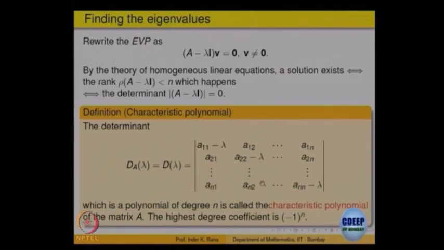It is a property of the matrix. Determinant of A minus lambda I is a polynomial of degree n, and what will be the coefficient of the highest term? Lambda to the power n, it will be minus lambda, minus lambda, minus lambda, it will be minus 1 to the power n, that factor will come out anyway, right.